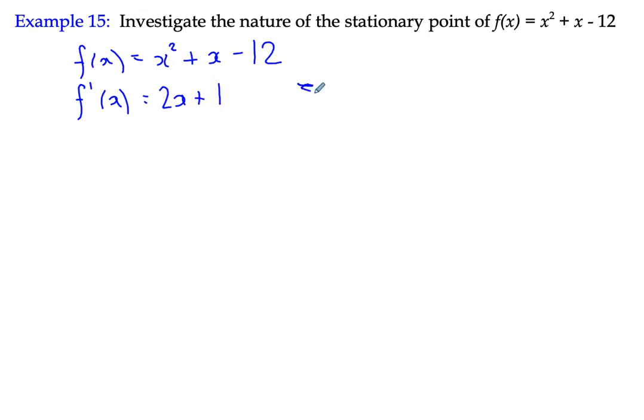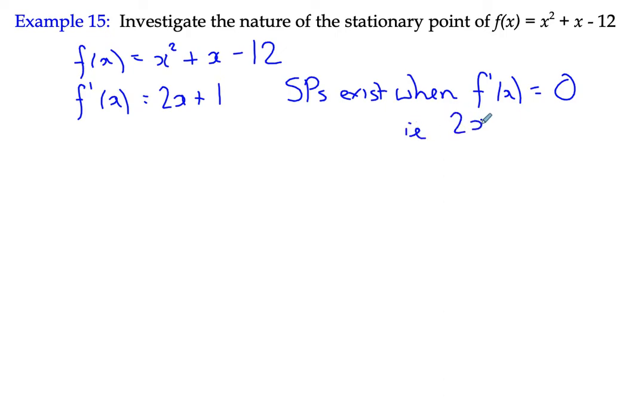Because stationary points exist when the derivative f dash x or f prime x is equal to 0. We've just worked out the f dash x is 2x plus 1. So our stationary points will be where 2x plus 1 is equal to 0. In other words, 2x is negative 1, x equals negative a half. So we're saying that there'll be a stationary point potentially when x equals negative a half.